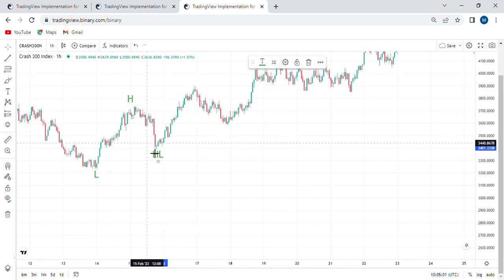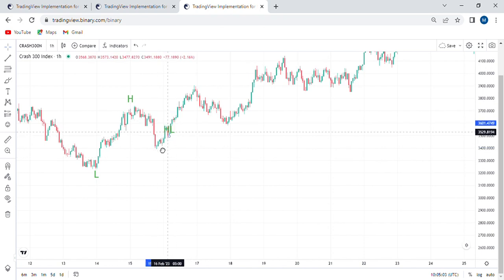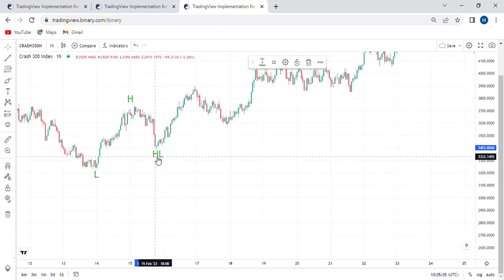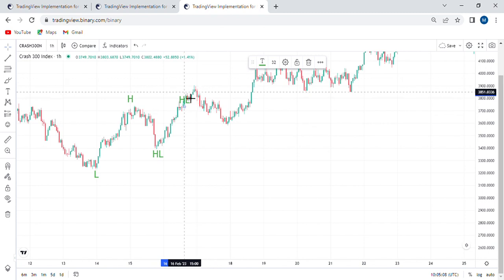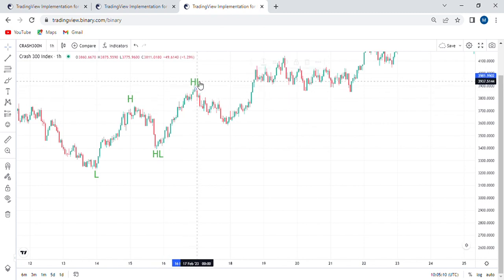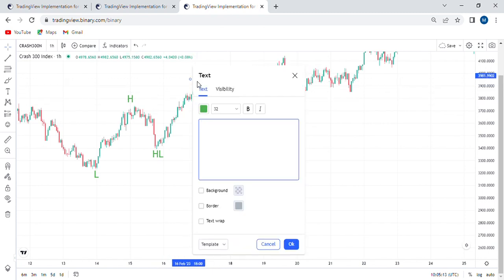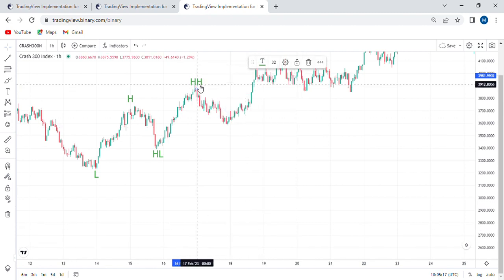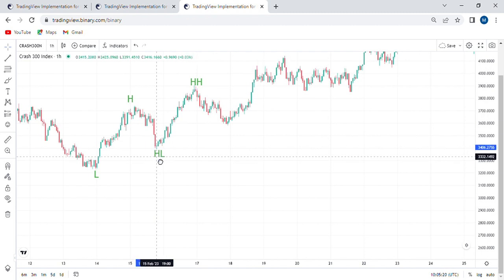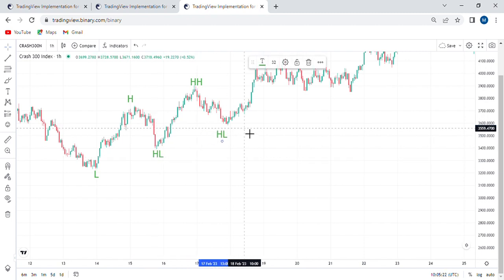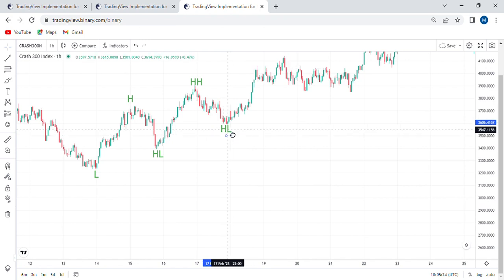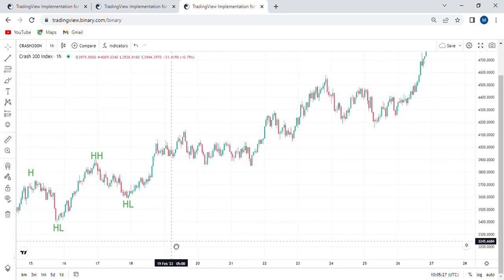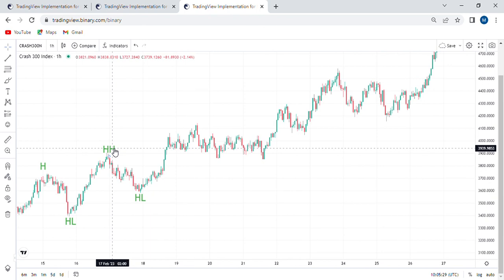This is our higher high here. This is our higher high. Higher high and higher low. Now this is our higher low. As you can see, it is not that clean as the way you see it in textbooks.